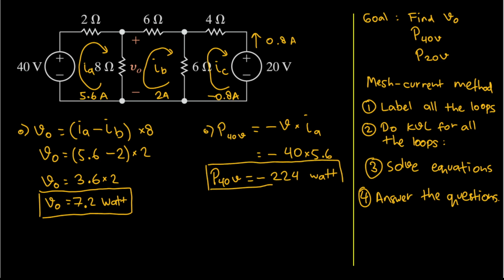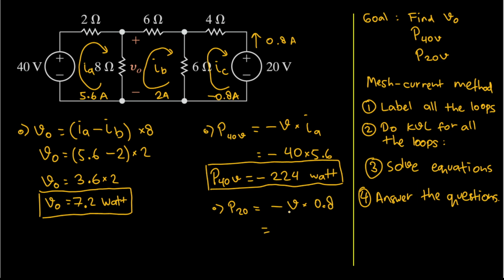And then what else? We have to find out the power delivered by that 20-volt voltage source. So we have P20. And again, we will have minus the voltage multiplied by, not IC here. IC is going here. The current that goes into the circuit is this one here. So I will have to multiply it by 0.8.